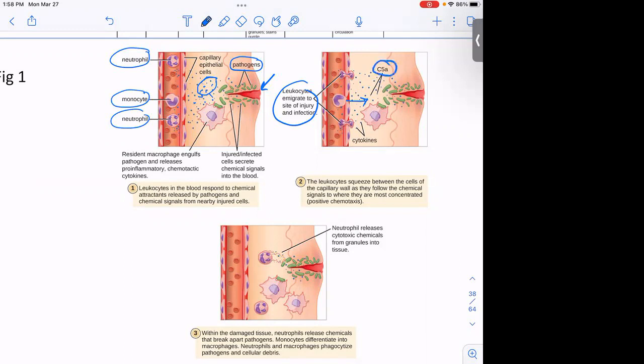So C5a is again a chemotactic factor. It's calling those neutrophils and those monocytes out of the bloodstream to come and work where the infection is, and then they're acting by degranulation or nets or phagocytosis, however they work best.